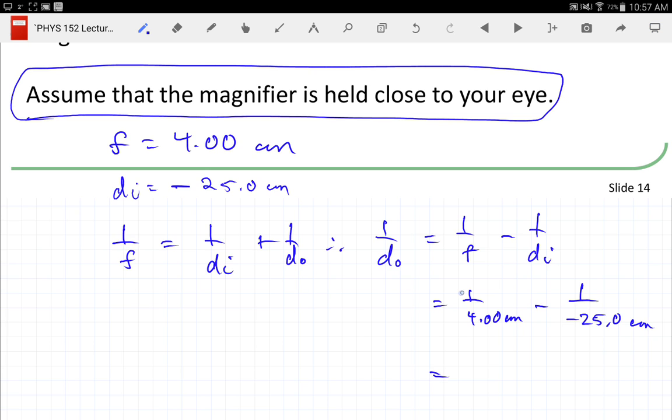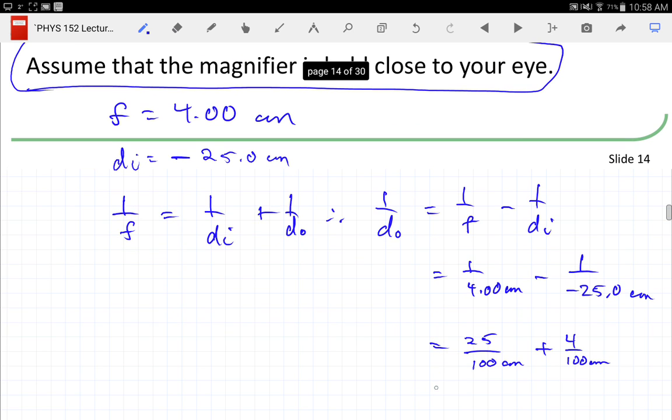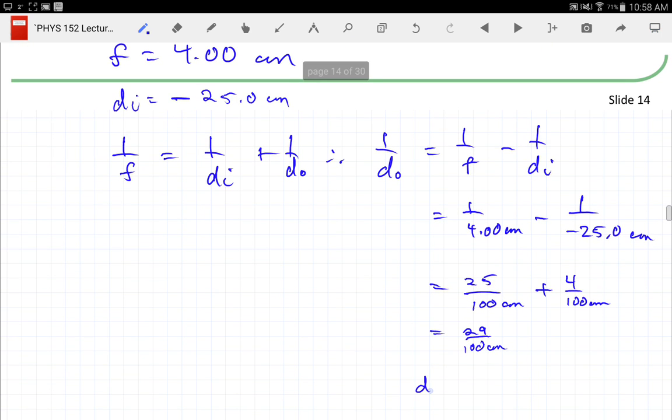And so this first one is 25 over 100. And the second one, minus and minus is a plus, 4 over 100, equals 29 over 100 centimeters. So what is the object distance?